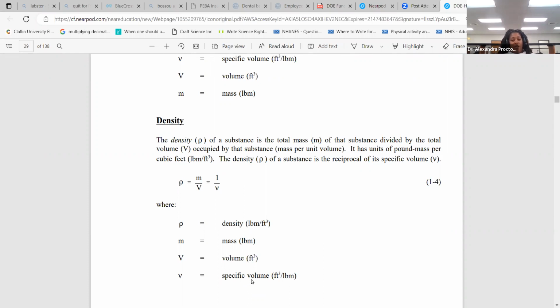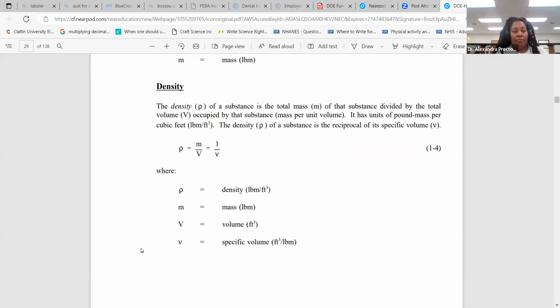And specific volume, V, is cubic feet divided by pound mass. Okay. So once you learn this equation up here, you have to write all of this down so that you know what every single variable in the equation is. You know, after you practice the problems enough, you'll remember what the variables mean.